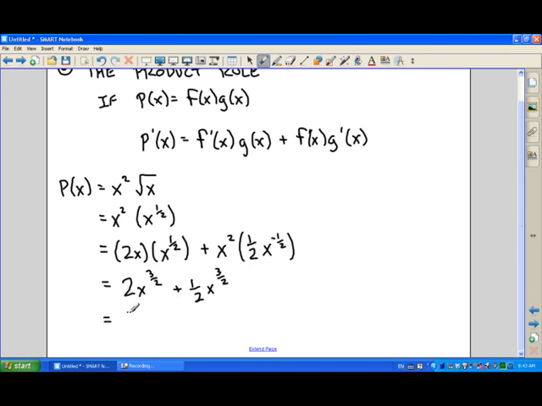So 2 plus 1/2 is 5/2 times x to the power of 3/2, which simplifies to 5 times the square root of x cubed over 2, which is the same as the answer we got when we tried this, knowing what we know from before today. So we've kind of verified that the product rule works.